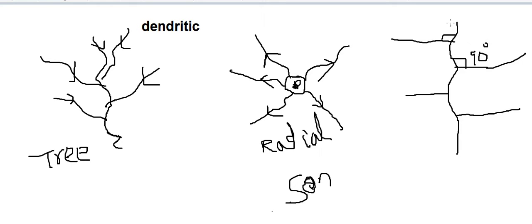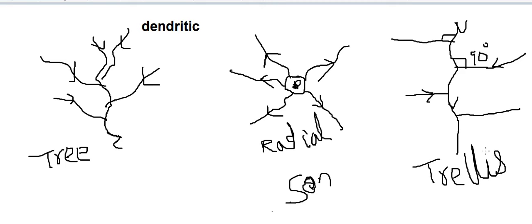If this is the main river and the tributaries meet the river at the right angle, then that pattern of forming the drainage is called trellis. That is called trellis, and Brahmaputra is the example of this kind of pattern. जितनी भी rivers हैं वो different patterns बनाती हैं.